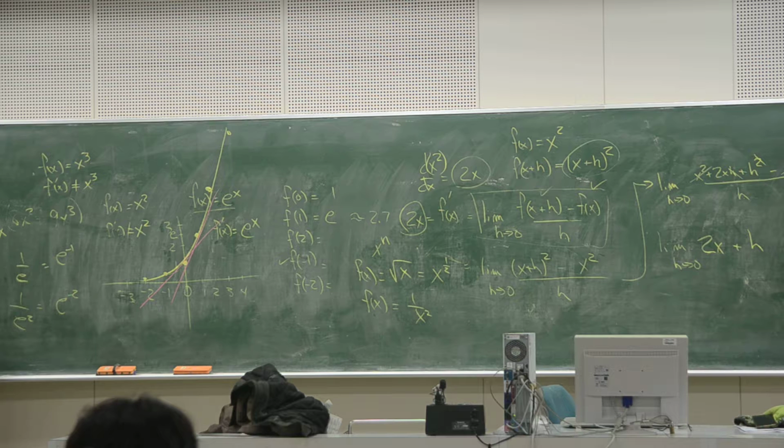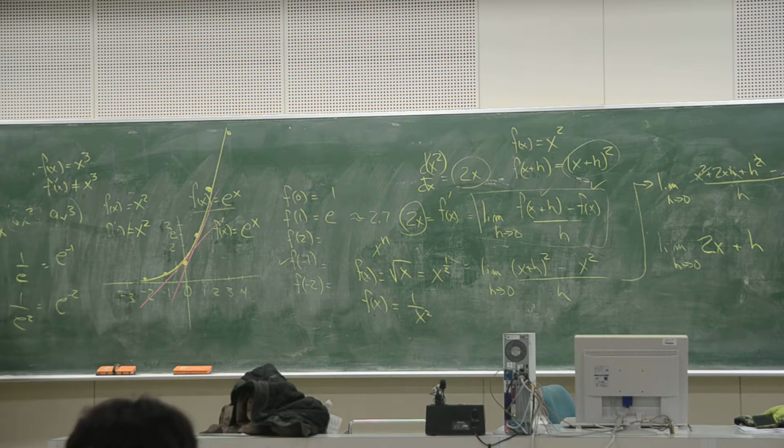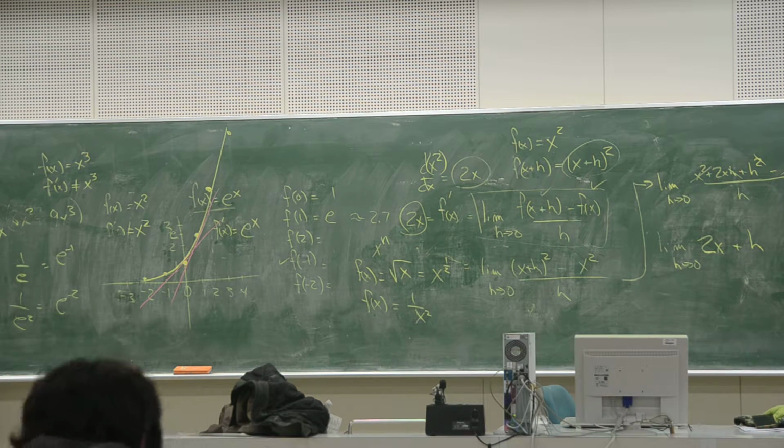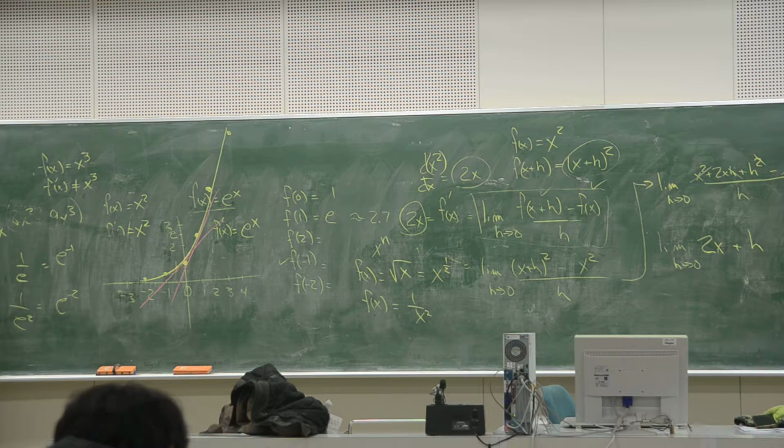Now that we know that new fact, now that we know that the derivative, if f is e to the x, this means that f prime is also e to the x. Right, we know that.